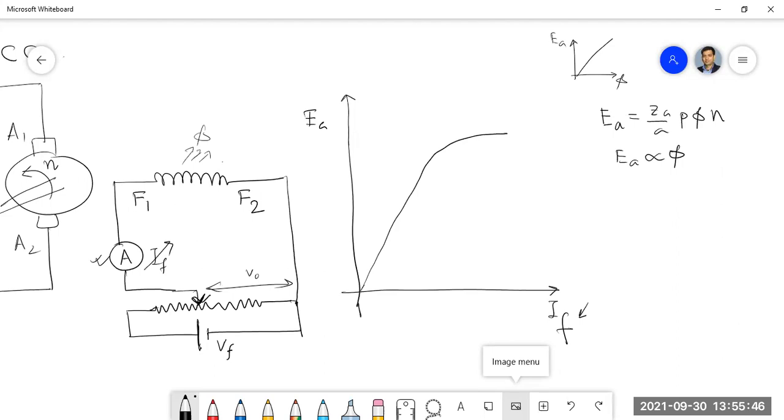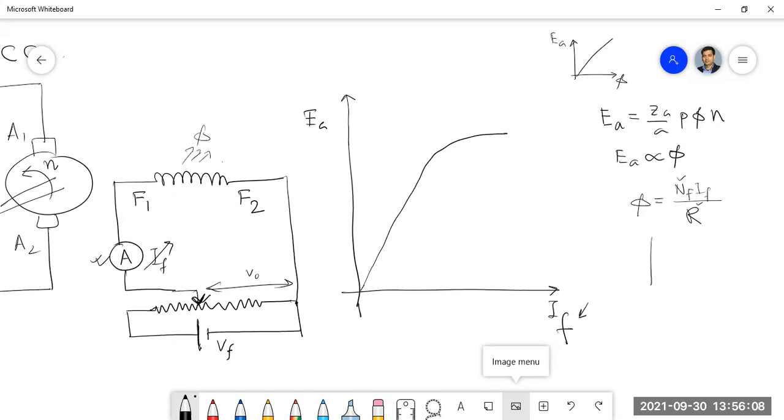So that means we have to now find out the relation between flux and field current that I have already told. So phi is basically IF into NF by the reluctance. Now if these two are constant, then it's okay. It will be a straight line only, isn't it?